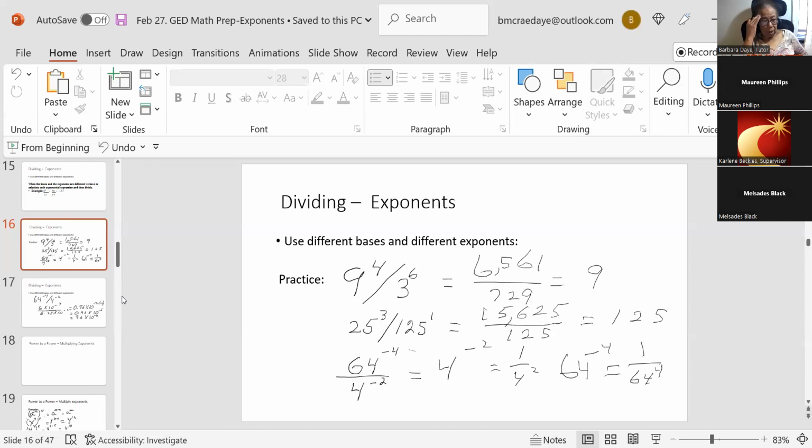Okay. I went all the way through it because I wanted to bring in the scientific notation. Remember, we did that before, and I just wanted to give you a little taste of it because we'll get back to that. So the key here I want you to remember is that whenever you have different bases and different exponents, you've got to evaluate each exponential expression before you do the division.